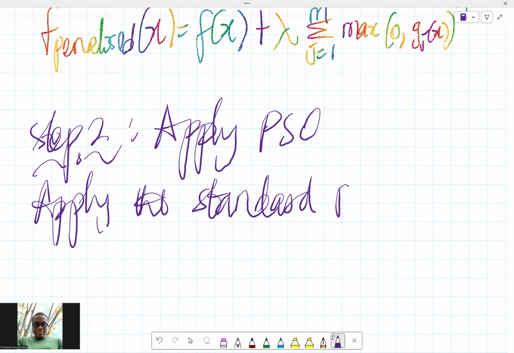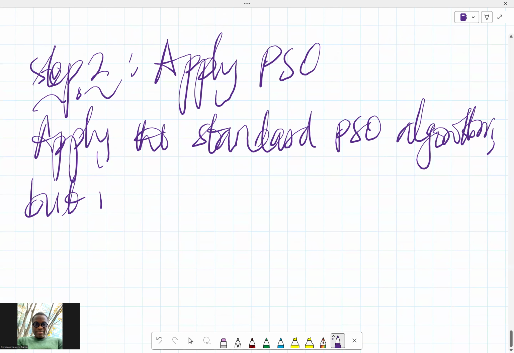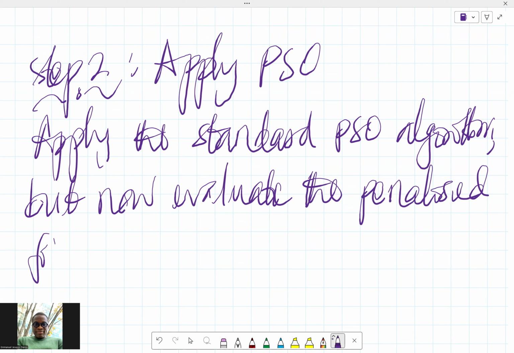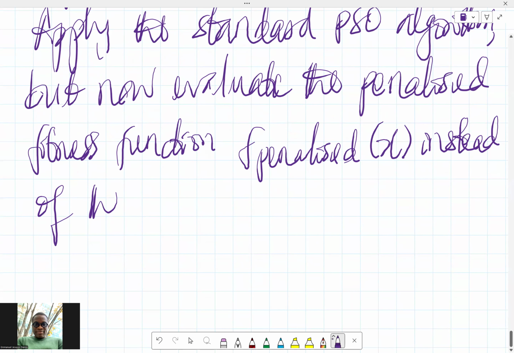But now you evaluate the penalized fitness function, which is the f penalized of x, instead of the original objective function, because here now the constraints are involved.